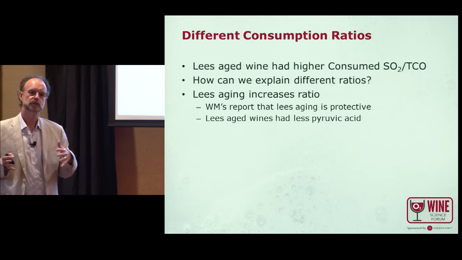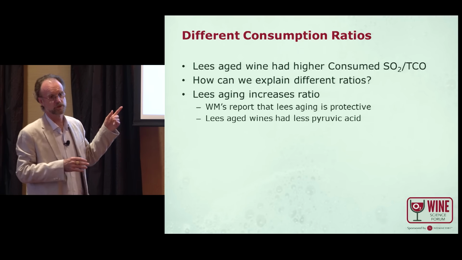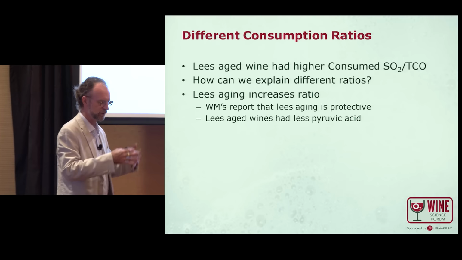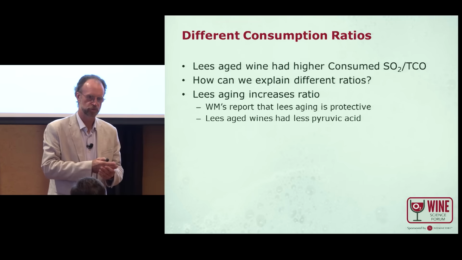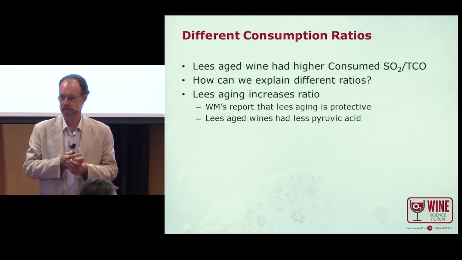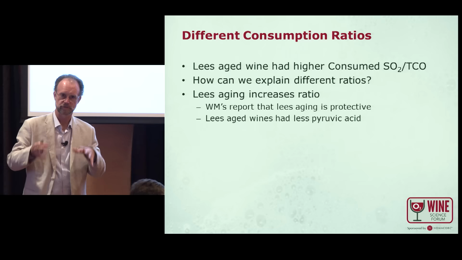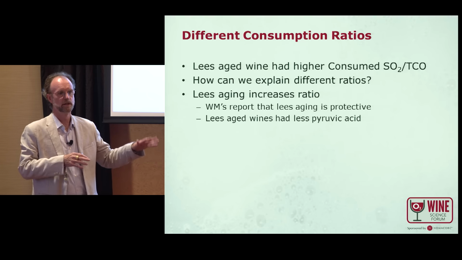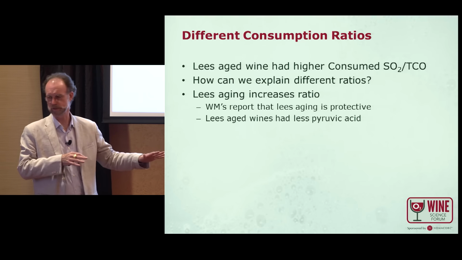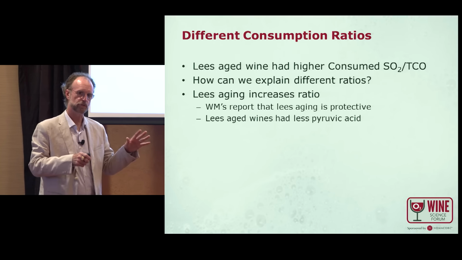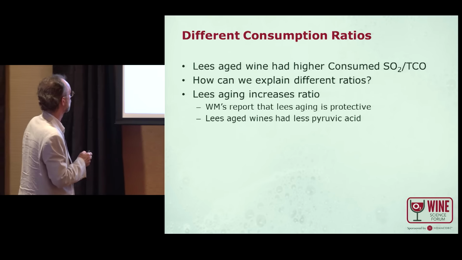But it appears that this aging procedure would allow the microbes present in those lees to break down or consume at least some of the aldehydes that are present. So you have lower levels of aldehydes and ketones, oxidation products, in wine that's been exposed to lees or gone through ML, it turns out. We didn't do that trial here, but we may have observed a similar result.